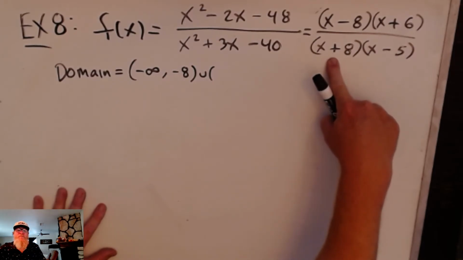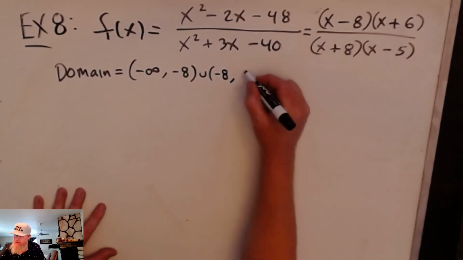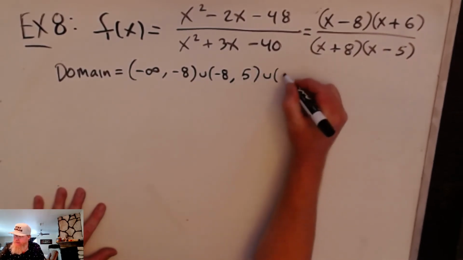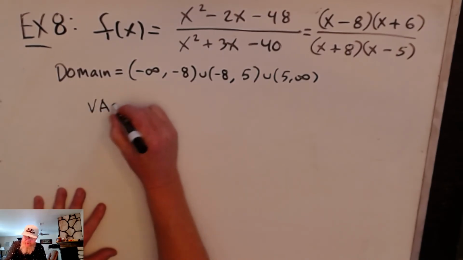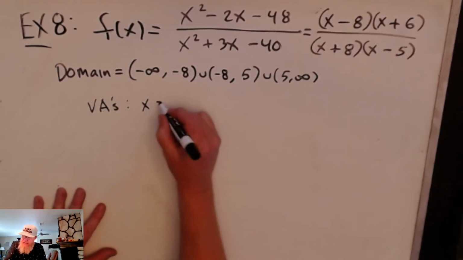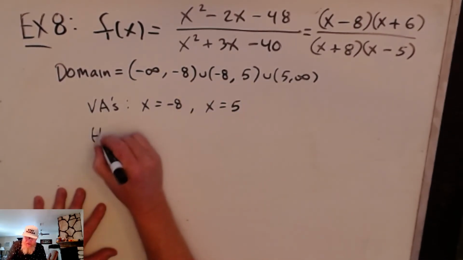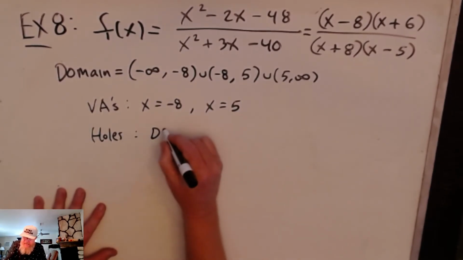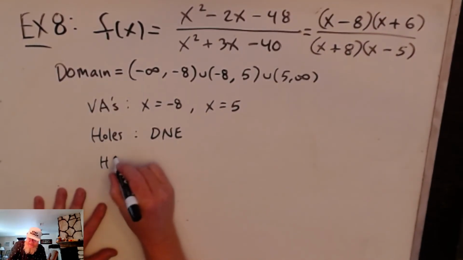I'm really kind of skipping steps here because we're getting towards the end. -8 to positive 5, and then from positive 5 to infinity. The VAs, you're going to get 2 of them. X equals -8 and X equals 5. Holes, DNE, because they have no common factor.